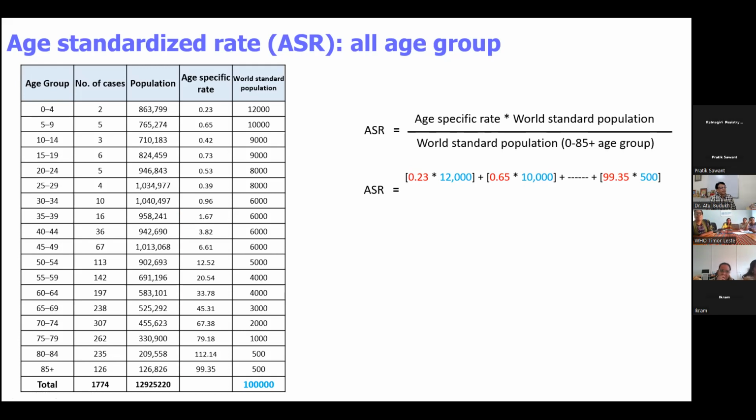Yes. 1.67, yes, into 100,000 is 1.67. Very good. Now Vietnam team. Yes, sir. So you tell me how this 45.31 has come. 238 525 292. Very good.